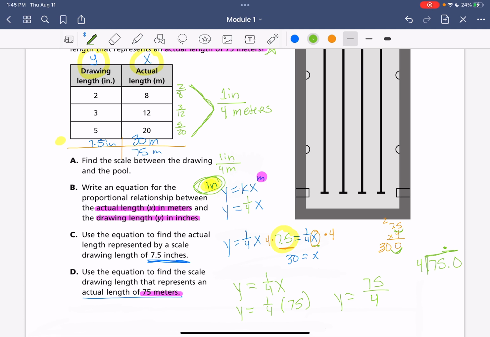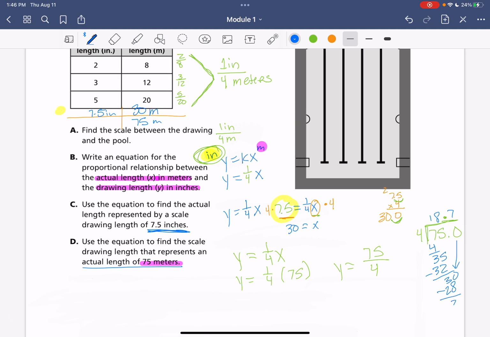When we do our division, 4 goes into 7 once. There's 3 left over. 8 times 4 is 32. Bring down my 0 one more time. 7. 28, we're getting a little closer here. I'm going to bring down another 0.